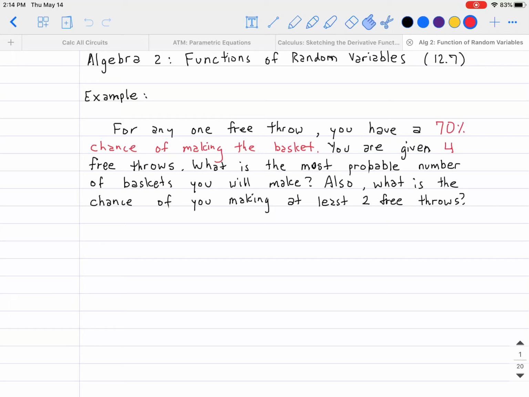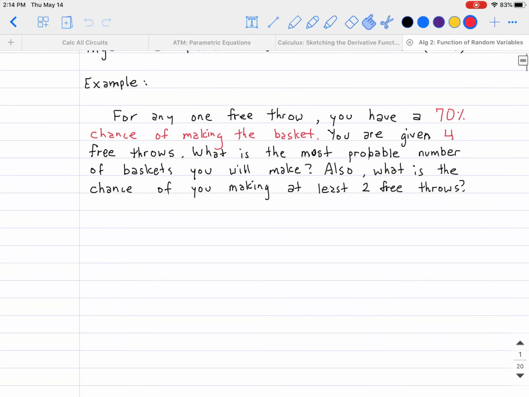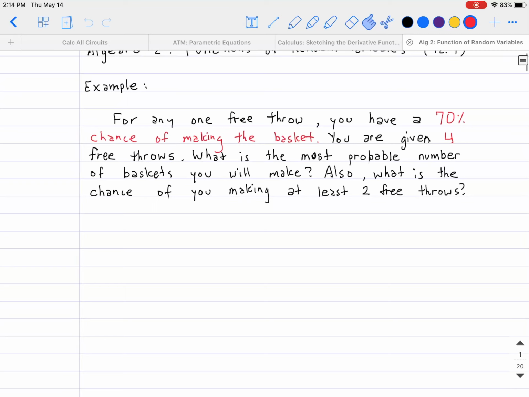So what we'll do first is think of this as a function. I'm going to say let p of x represent the probability of you making exactly x number of free throws.